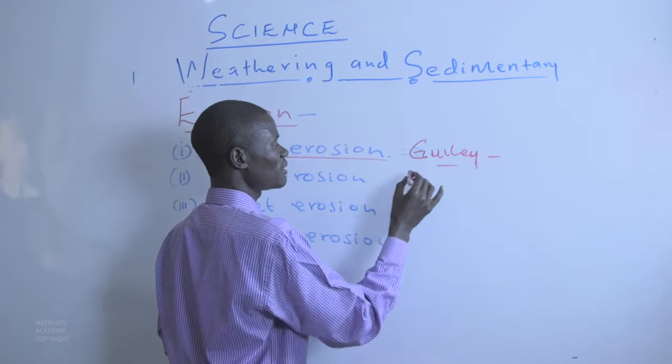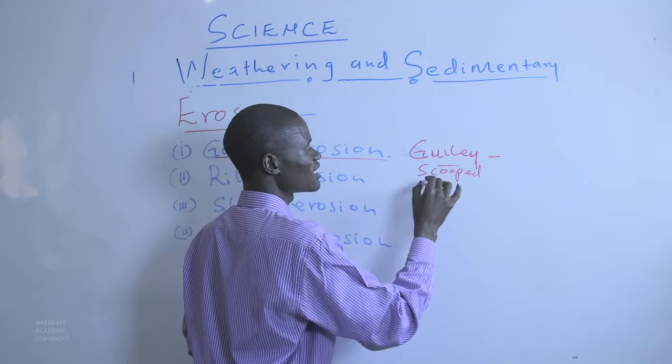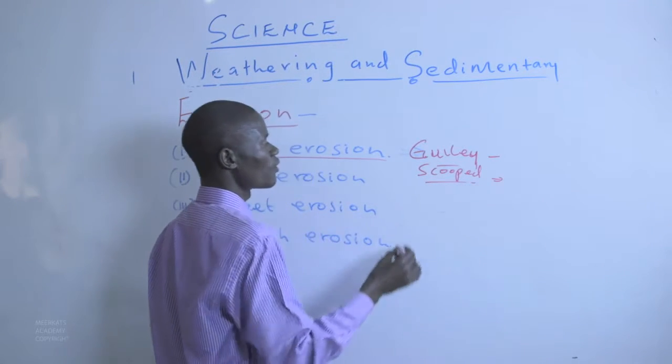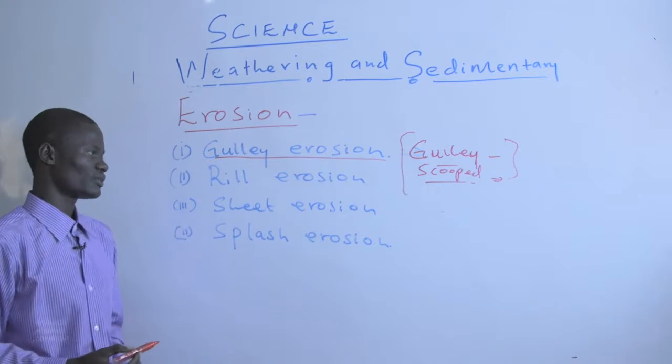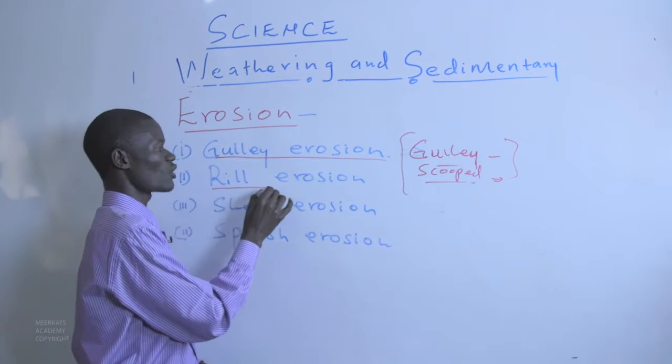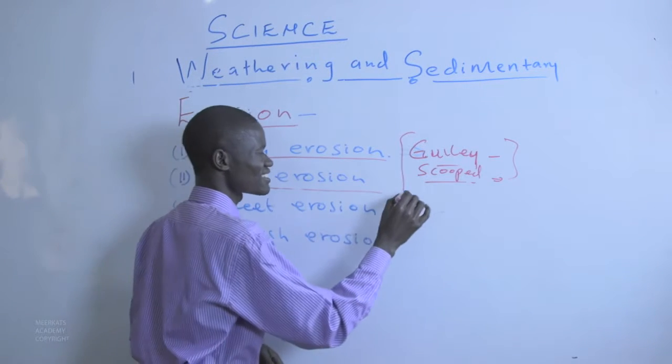Therefore, in the process, the material that has been scooped down or transported along this area, we refer to them in the valley, in the gully erosion. While rill erosion occurs, creating rills.